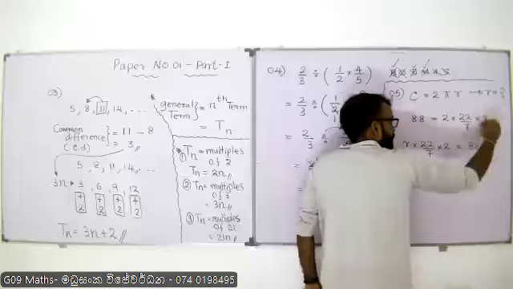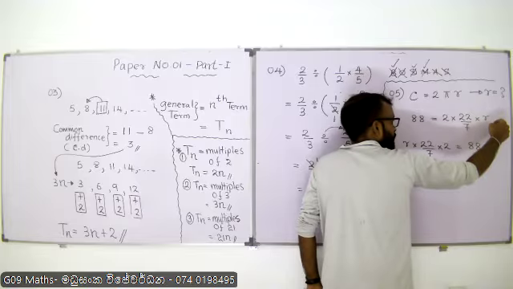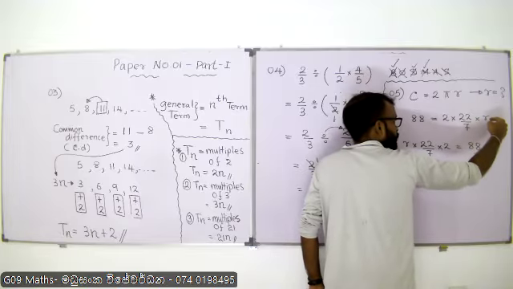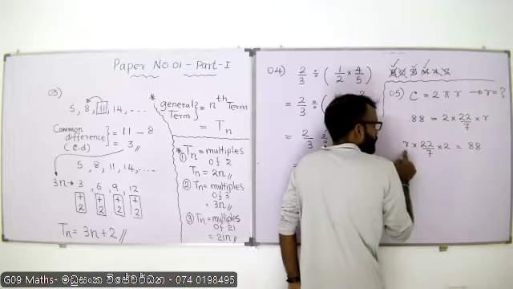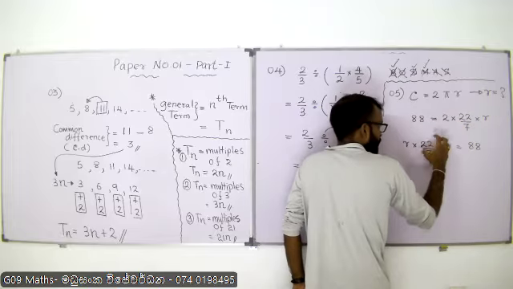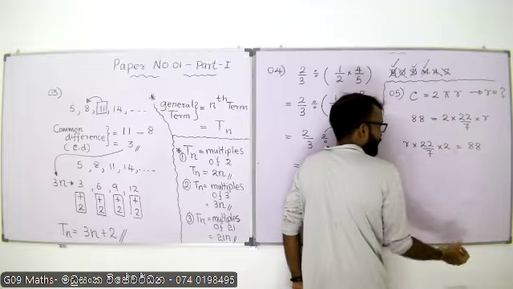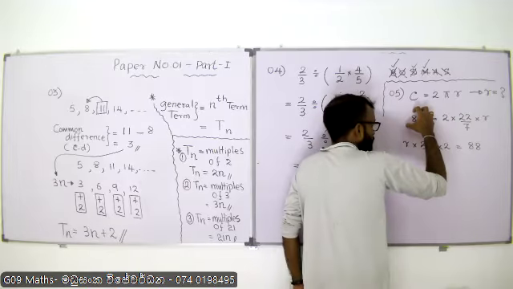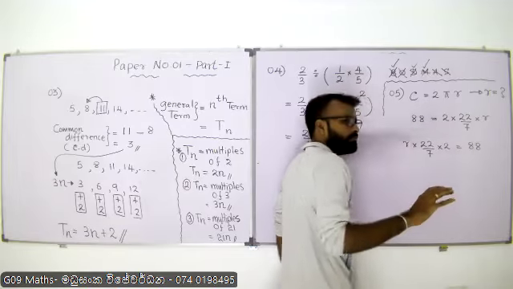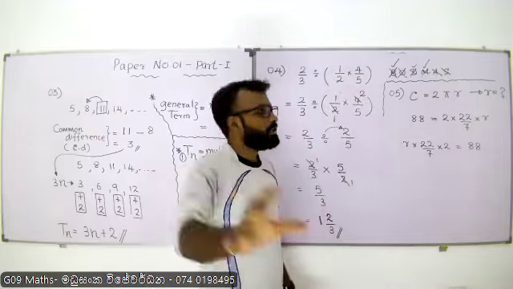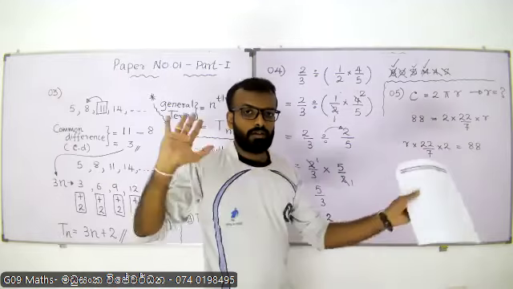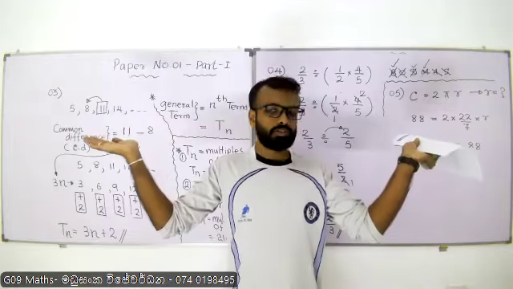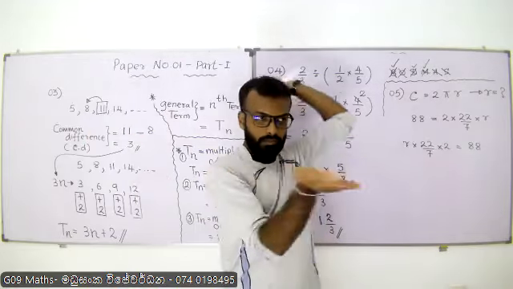R, that is what I need to find. R here, 22 upon 7 here, 2 here, left hand side. 88 on my right hand side. Nothing has happened. This is totally correct. Two sides of the balance, I have rotated.